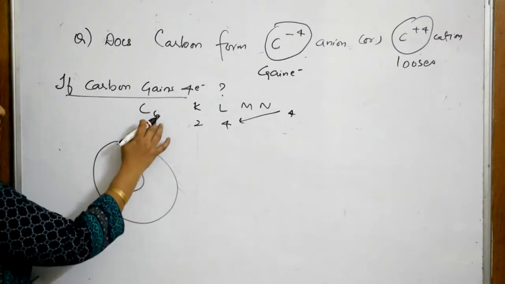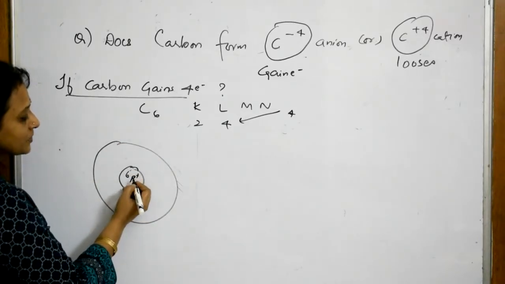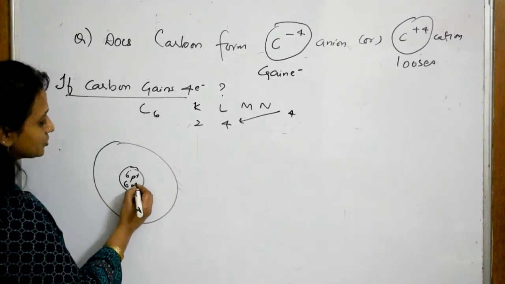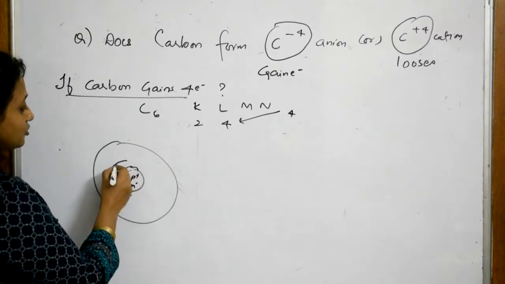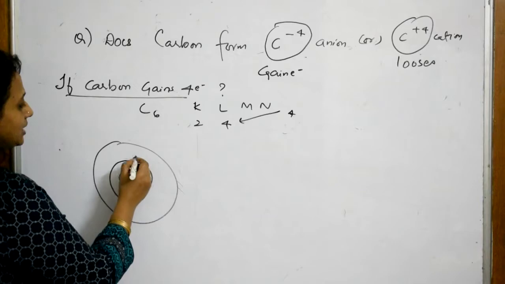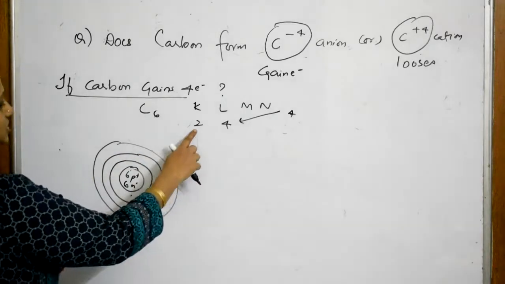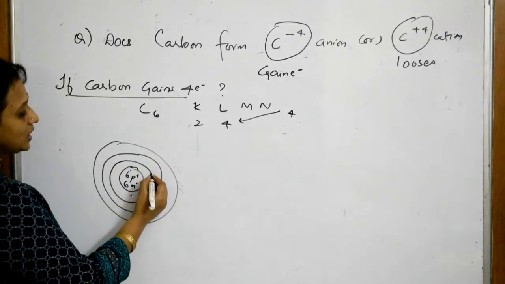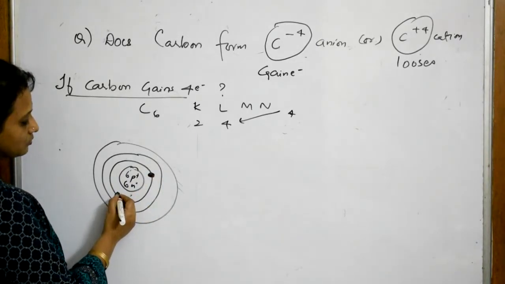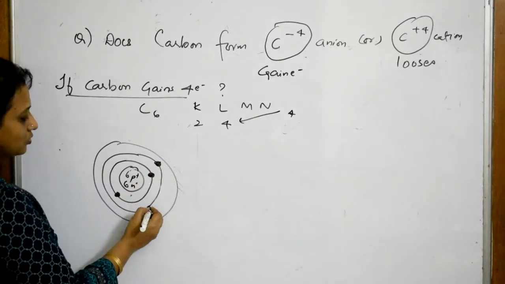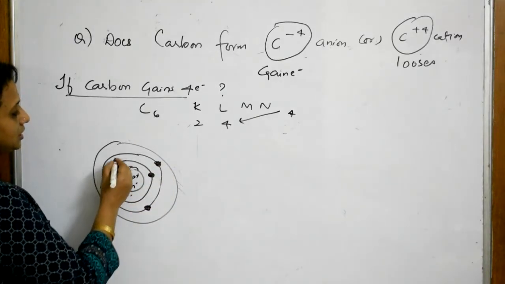Atomic number 6 means 6 protons and 6 neutrons. Then I draw one shell, the K shell, then one more shell, the L shell. In the K shell there are 2 electrons, and in the L shell 1, 2, 3, 4.